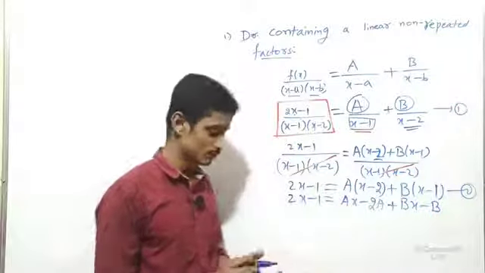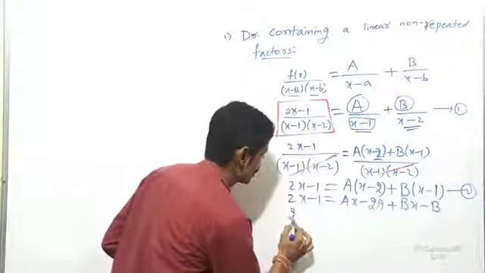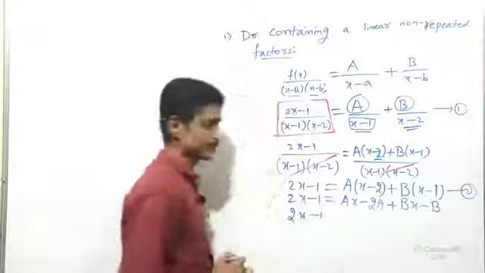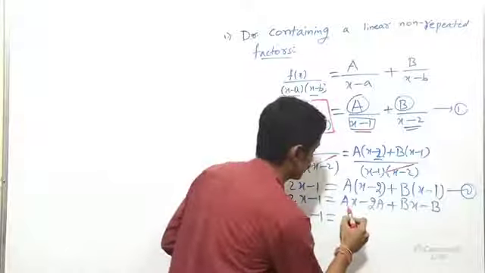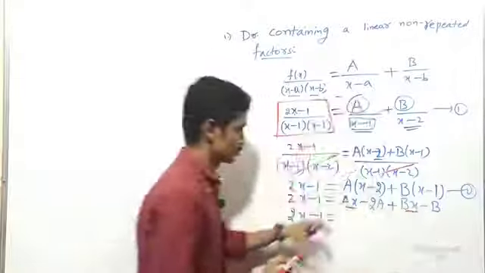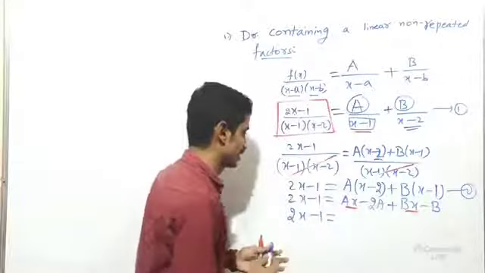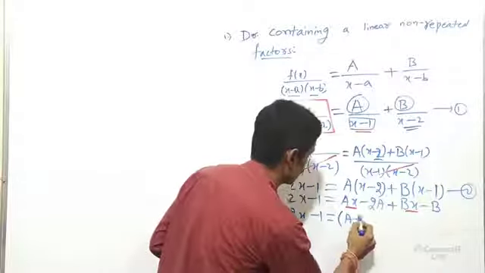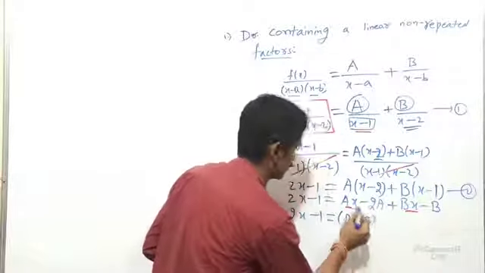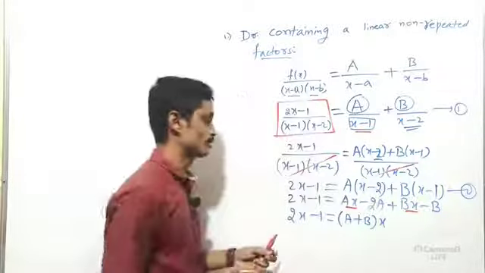After that, what can we do? LHS written as it is, 2x minus 1, equal to ax plus bx. Both have an x term. I will take x common and write inside the bracket a plus b, because I have taken x common.